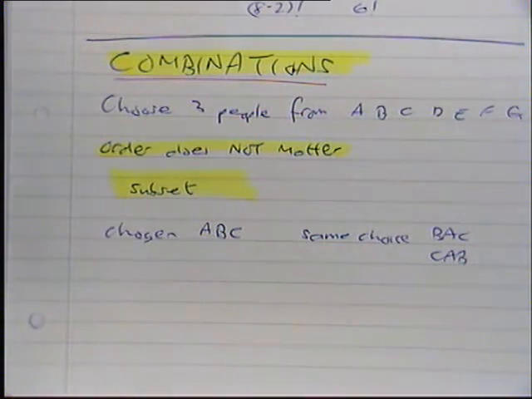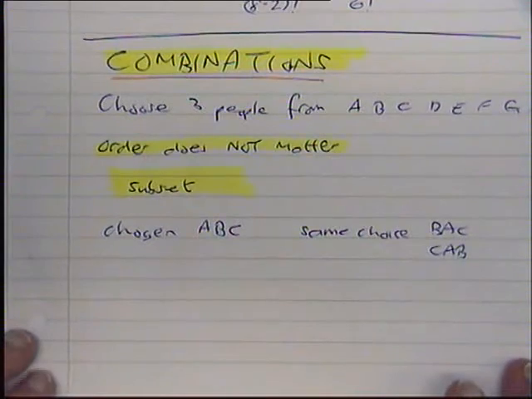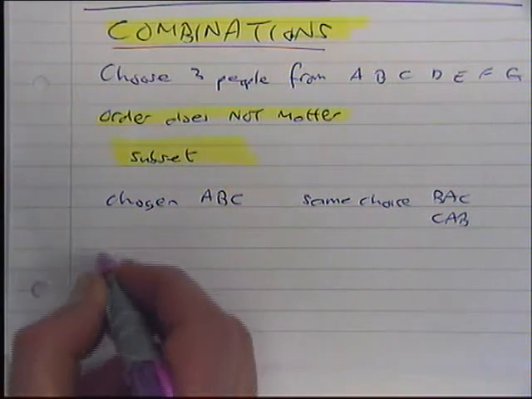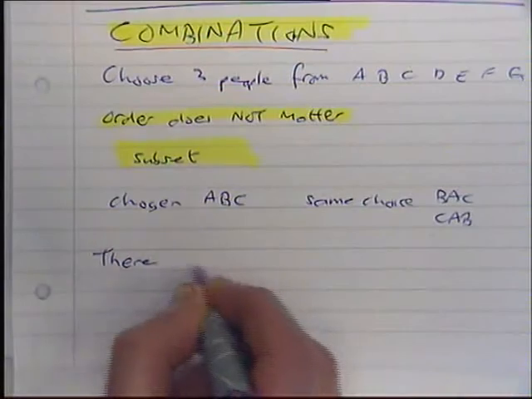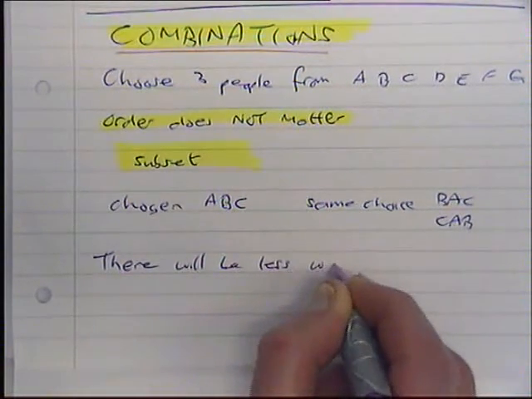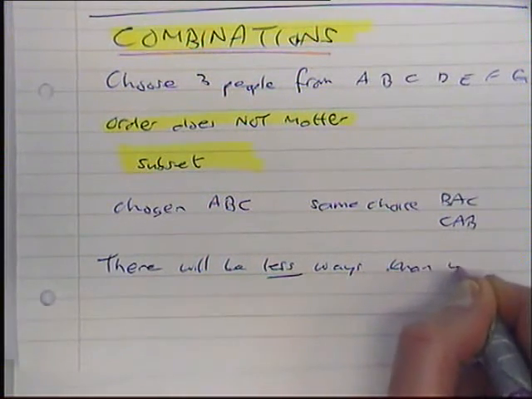Okay, it's the same 3 people. Sometimes the order doesn't matter, you just need to choose 3 people. Now, will there be more ways of doing this or less ways of doing this? Yes, there will be less ways. There will be less ways than with permutations.